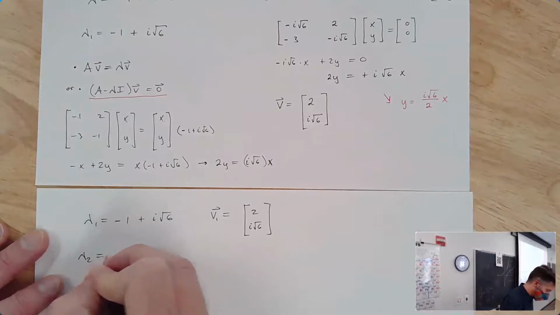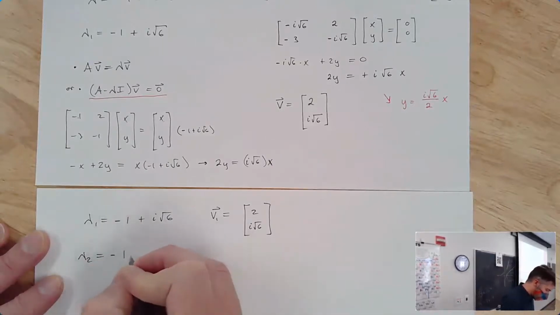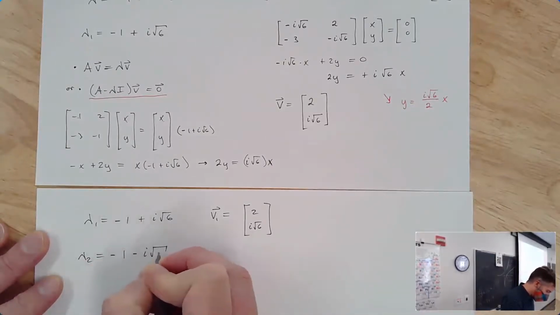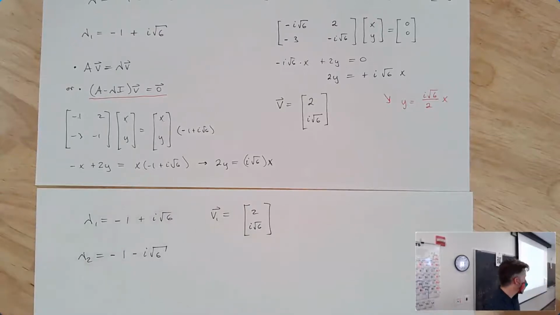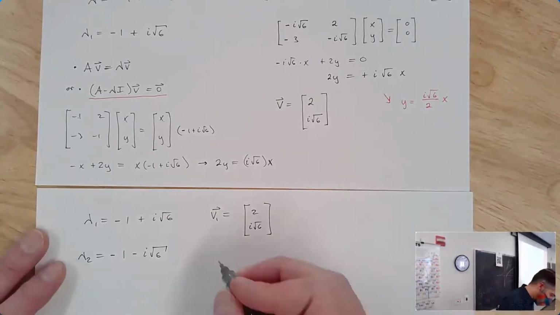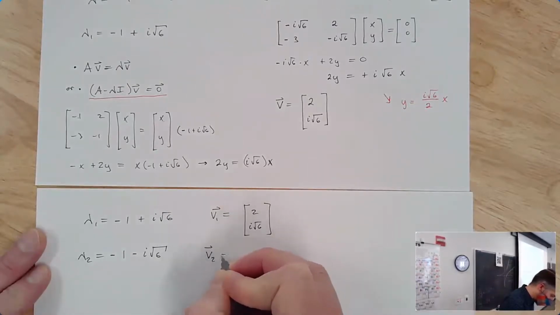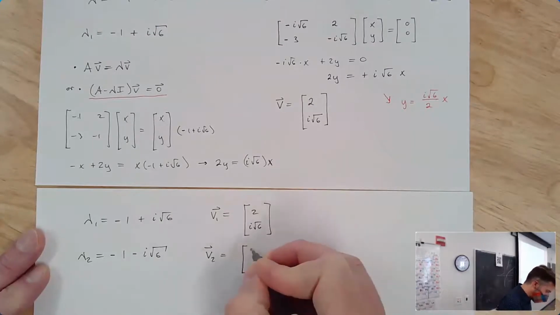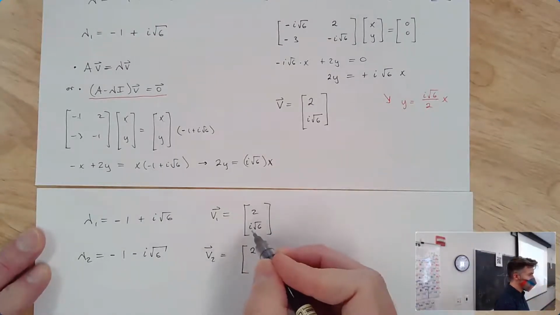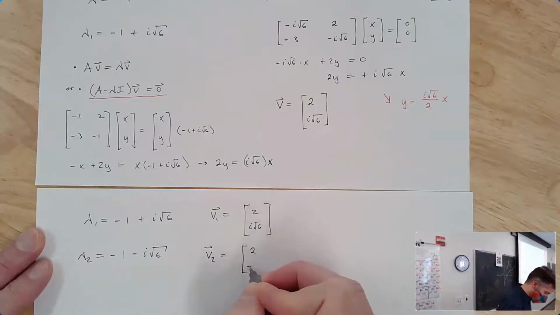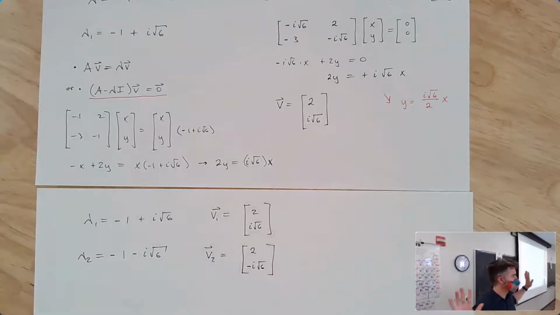Lambda2 and the eigenvector associated with it are super easy to deal with. Whenever you change the sign of the imaginary part in the eigenvalue, the associated eigenvector is literally the same eigenvector, but any imaginary parts have the opposite sign. That's it.